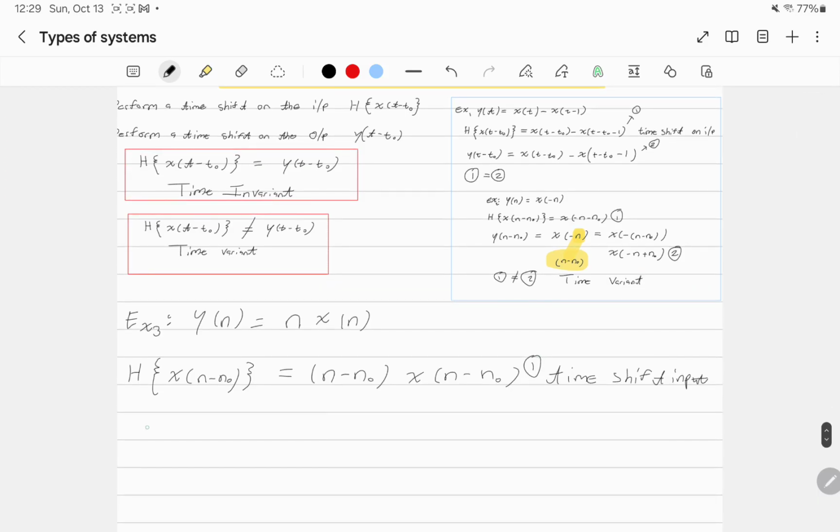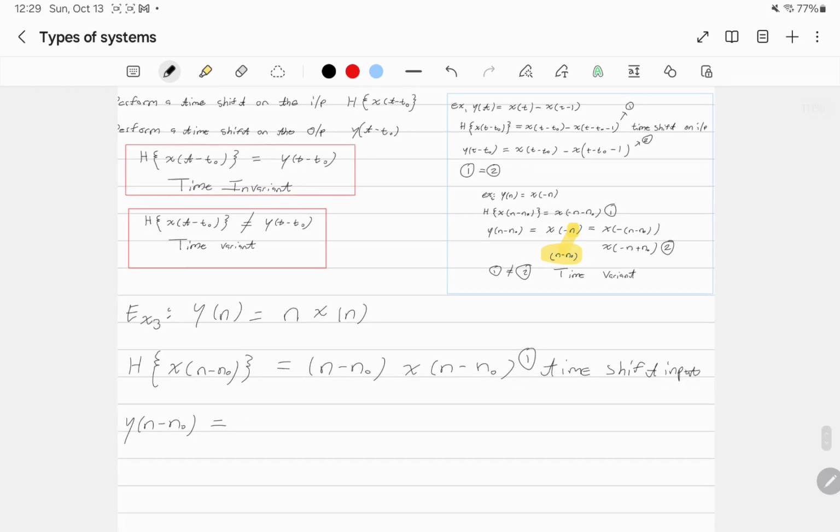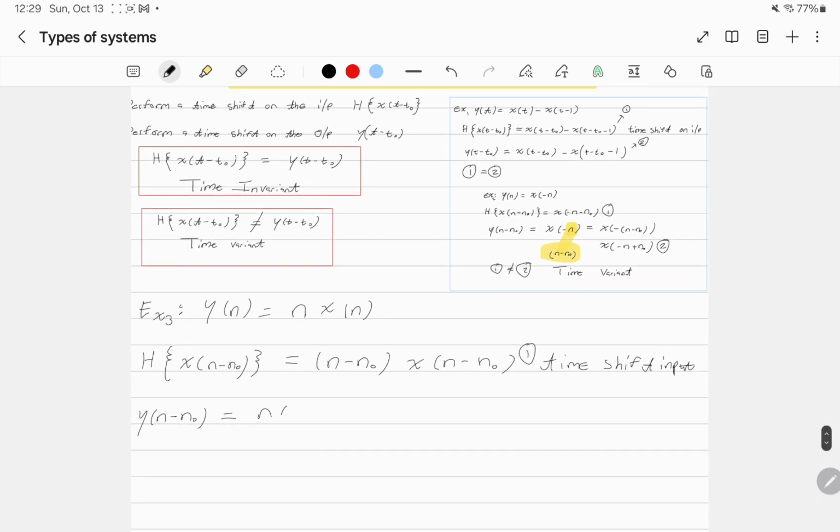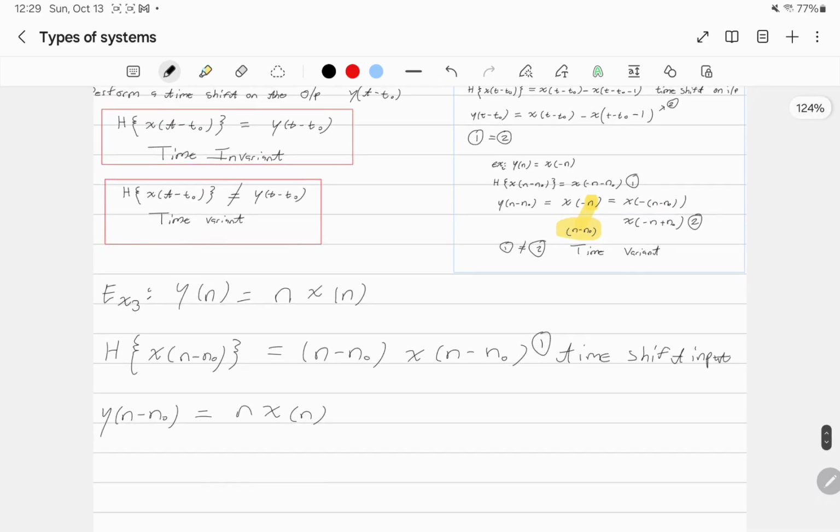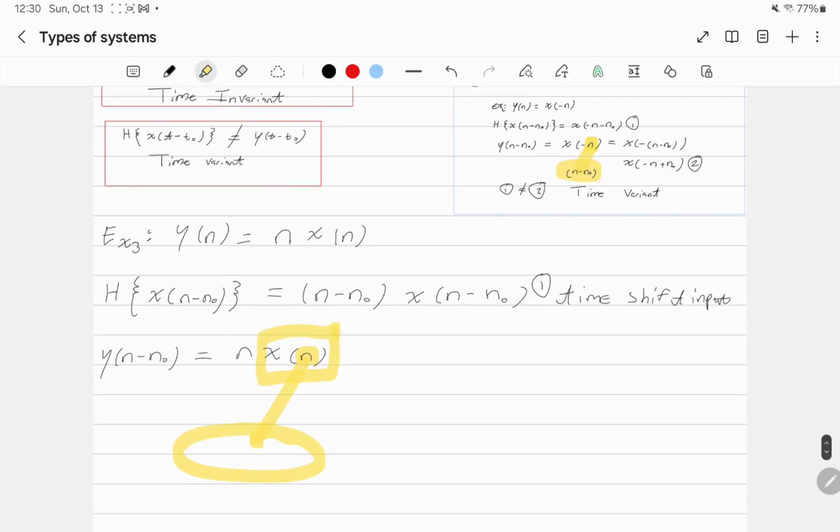And let's do a time shift on the output, which is y of n minus n naught, which is equal to, so we had our n x of n, right? So now in this case, for every x of n we see, now we're focusing on the x. Anytime we see an x of n, we look at the n inside. And if we see an n inside, we substitute that n for n minus n naught.